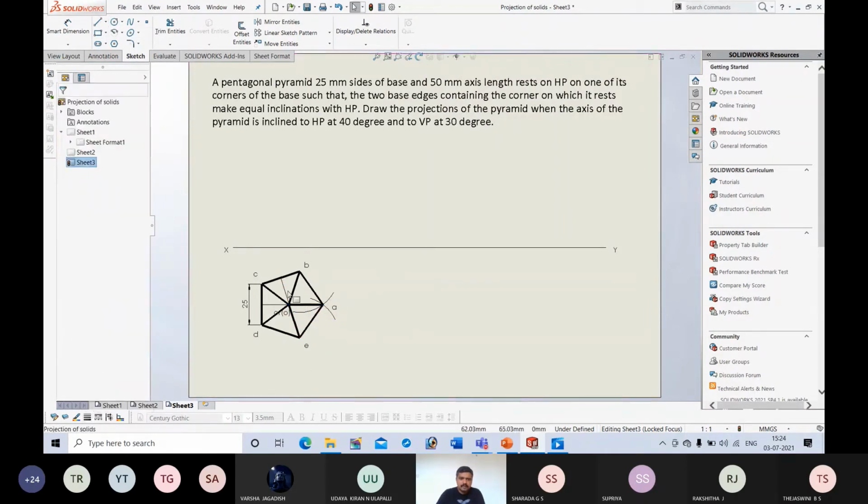Okay. Next, I will erase the remaining part of perpendicular bisector. Okay. So this is the top view.